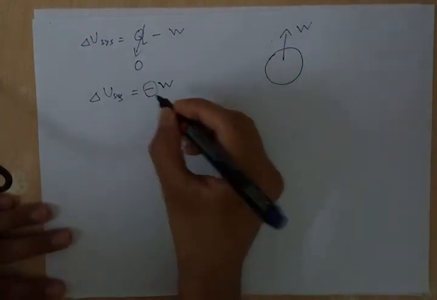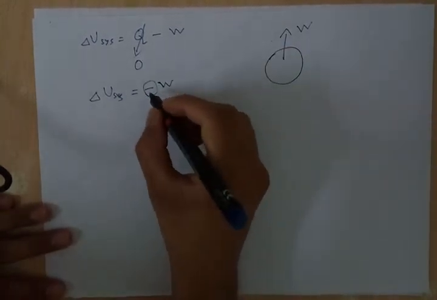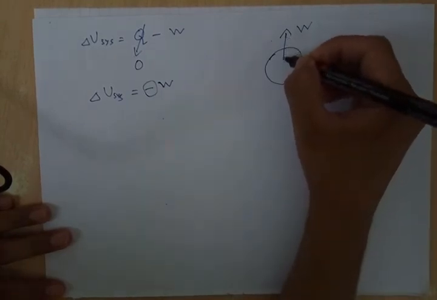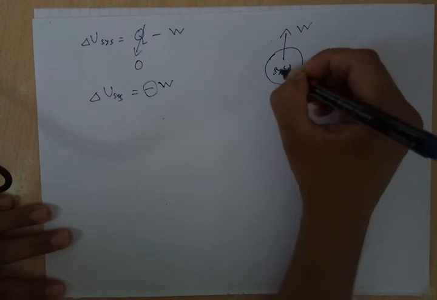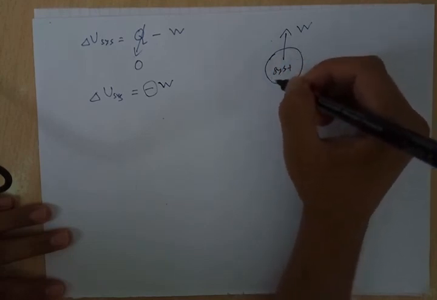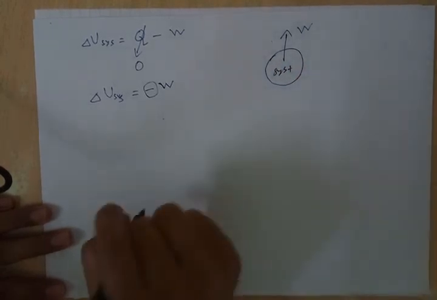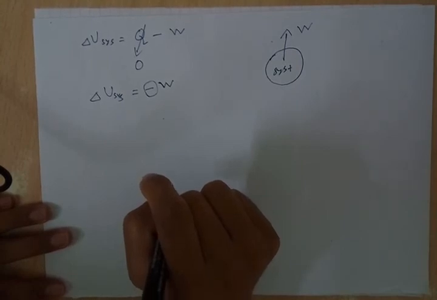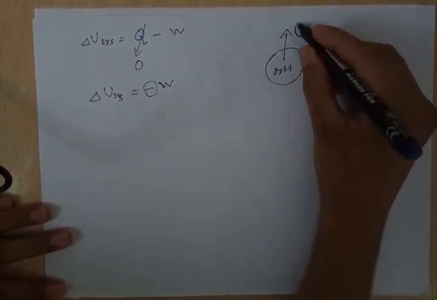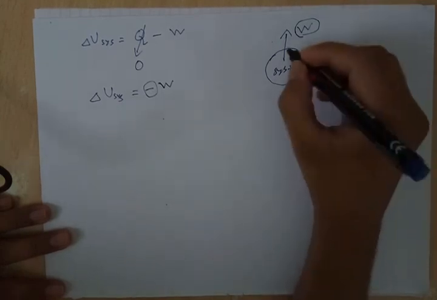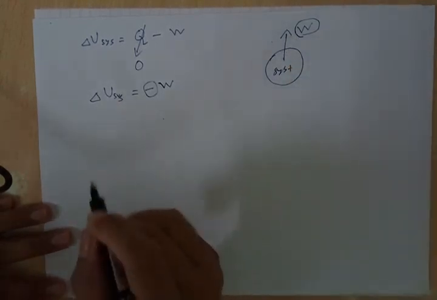Here the negative sign indicates that as work is done by the system on the environment, its internal energy decreases. So internal energy of the system is converted to work which is done by the system on the environment.